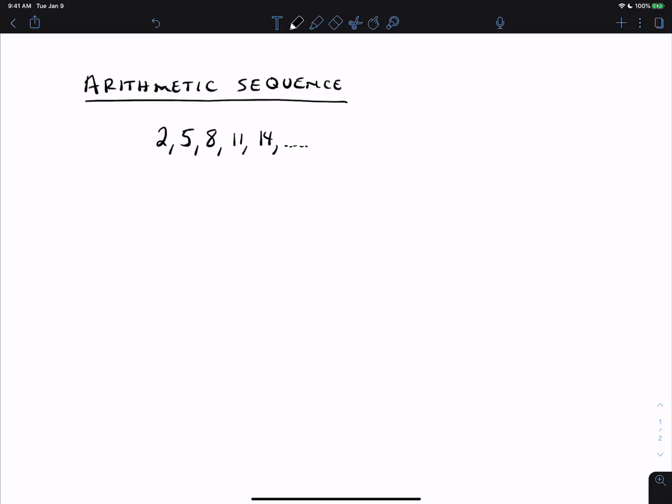So one way to express this sequence is to think that this first term, the 2, is actually the 0 term. So that's A0. This is then A1. This is A2. This is A3. This is A4, and so on. If we do that, then we can think that to get to any term, we have added 3 a certain number of times.